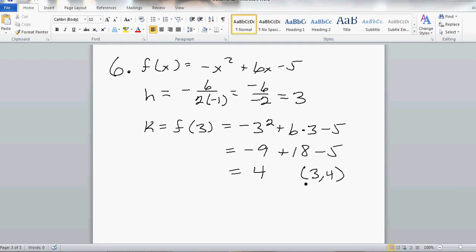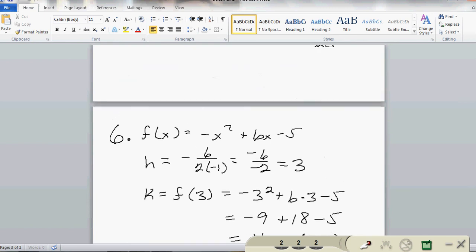Now I do have a slight problem. I did not answer what is the axis of symmetry. Well, and I'll go back and finish 5 here shortly, but number 6, we have the vertex is 3, 4. The axis of symmetry will be x equals whatever the x value is, 3. X equals 3 is the axis of symmetry.